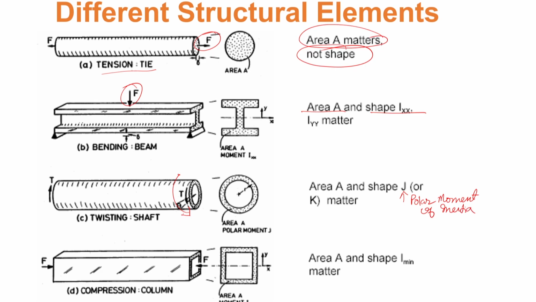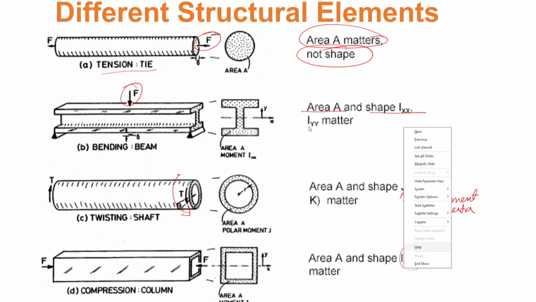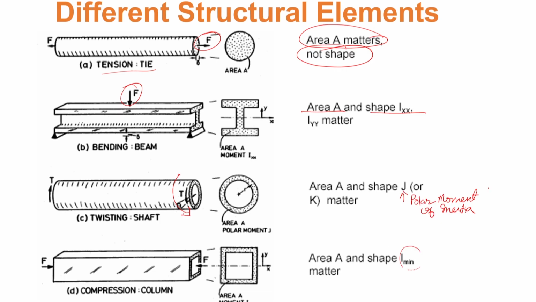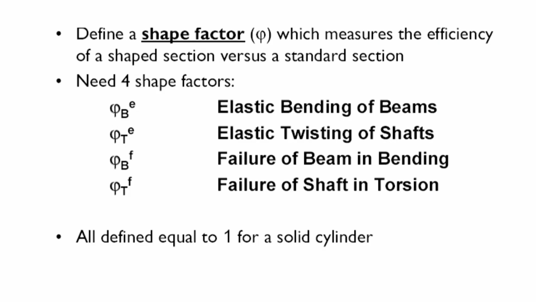If I consider compression in a column, here also the minimum between the Ixx and Iyy, the I minimum, would actually matter. So, for certain structural elements like beam bending, torsional shafts and compressive columns, the shape factor would matter. So, then we accordingly need to have 4 different types of shape factors.